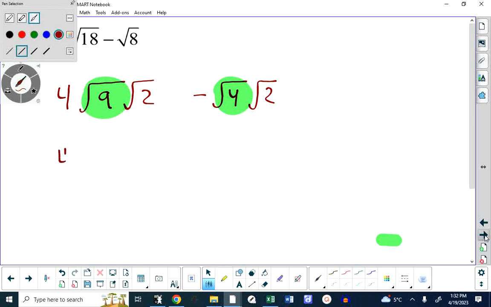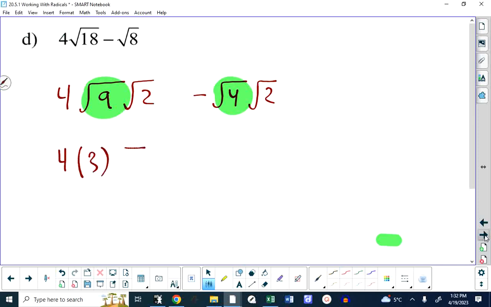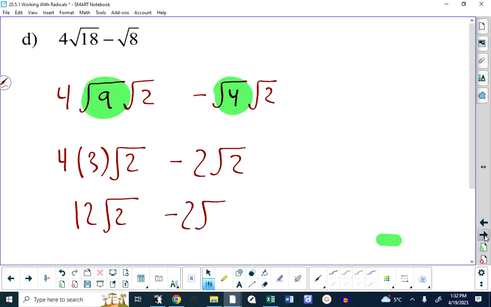So I get 4 times 3 times root 2 minus 2 times root 2. Remember that square root of 9 simply becomes 3 without a square root. 4 times 3 is 12 root 2, minus 2 root 2.